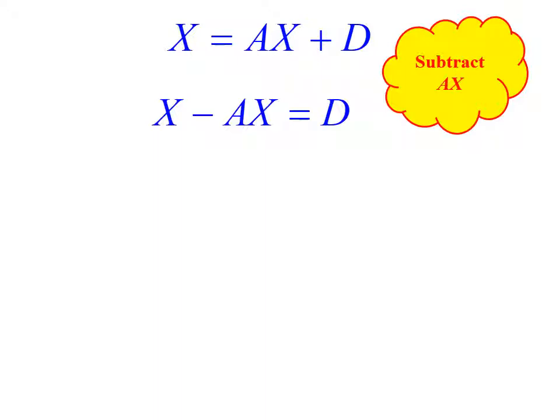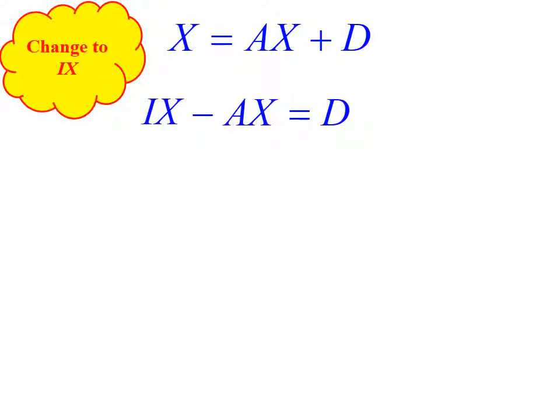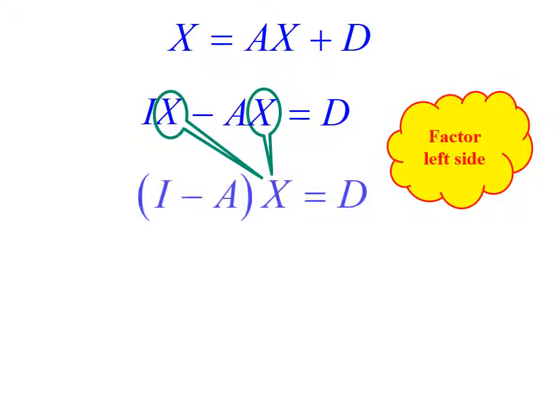Only the 1 in front of the X needs to be an identity matrix. So we'll just write the X as I times X so that we have an identity matrix times X, which is just X. Now, factoring out the X, remember that needs to be on the right-hand side. So factoring the X out, we get (I minus A) times X equals D.